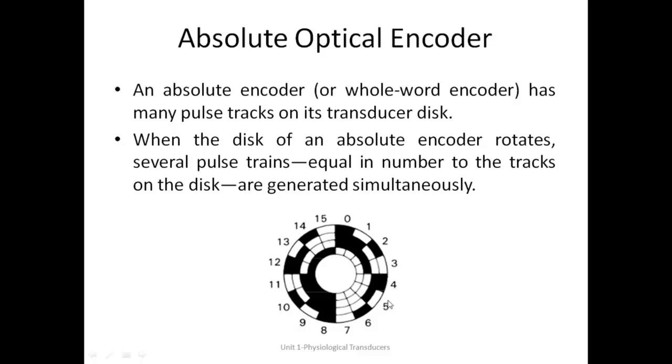What you see over here is that in 0 the pattern of dark and bright spots is something else, for 1 it is something else, for 2 it is something else. This black denotes opaque slots, and white denotes open slots. These slots are cut out from here, and black means it is opaque, the light doesn't transmit. So it is some sort of a conversion into binary format.